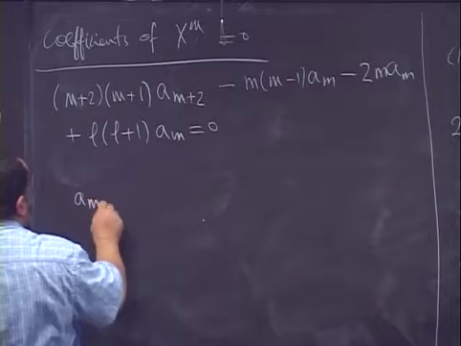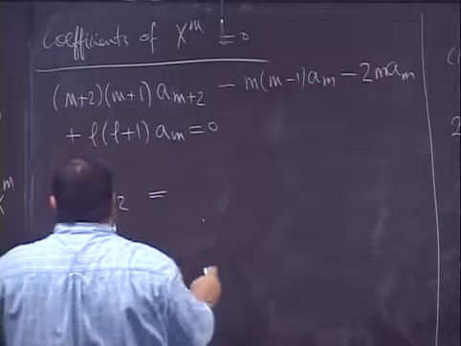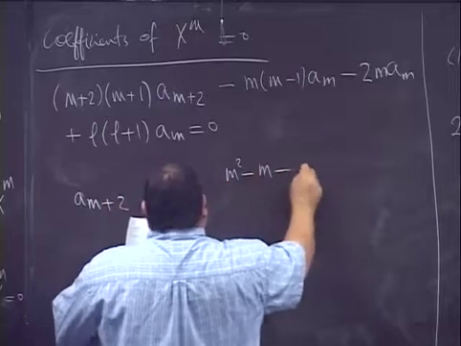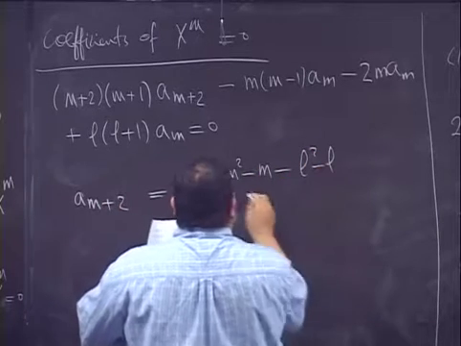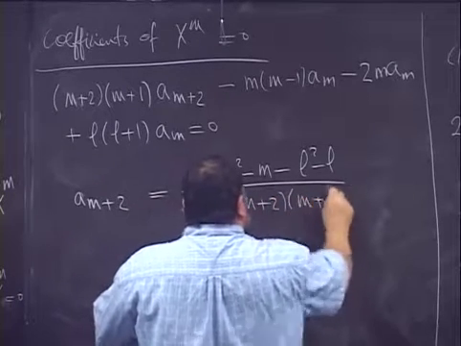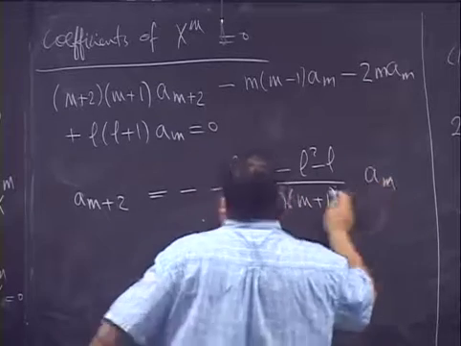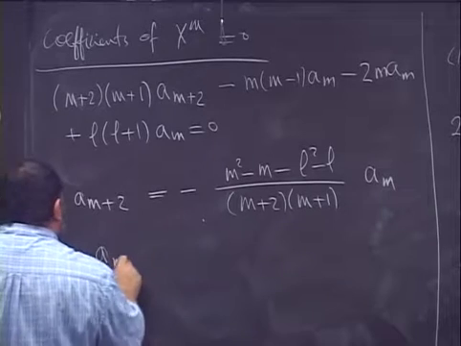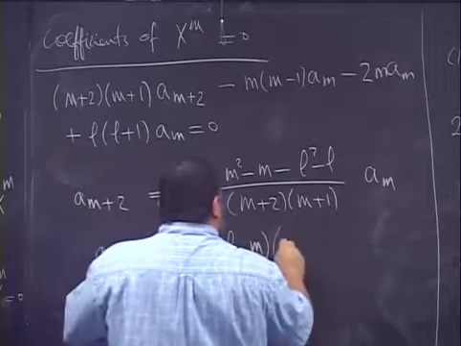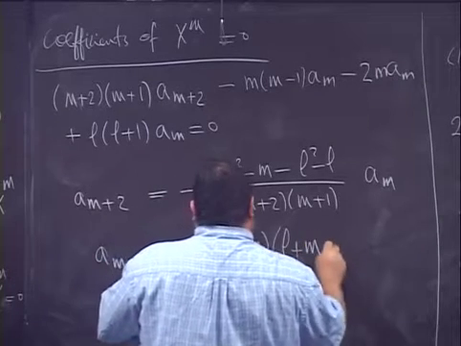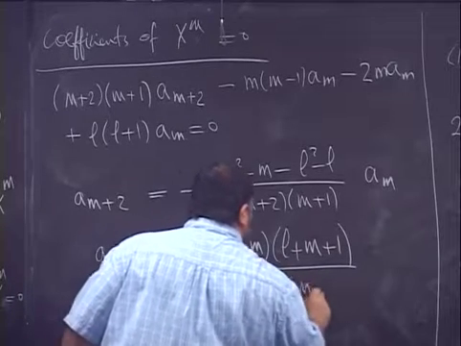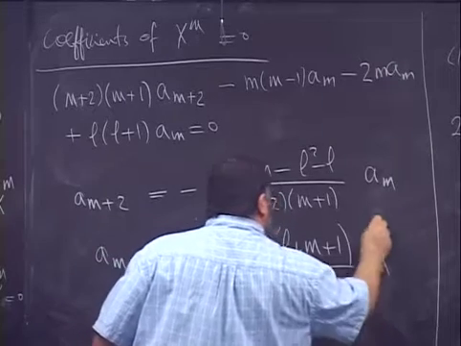If you rearrange and get a_(m+2), you'll notice that it is minus (m squared plus m minus l squared minus l) divided by (m plus 2)(m plus 1), times a_m, which can be written as a_(m+2) equals minus (l minus m)(l plus m plus 1) divided by (m plus 1)(m plus 2), times a_m.